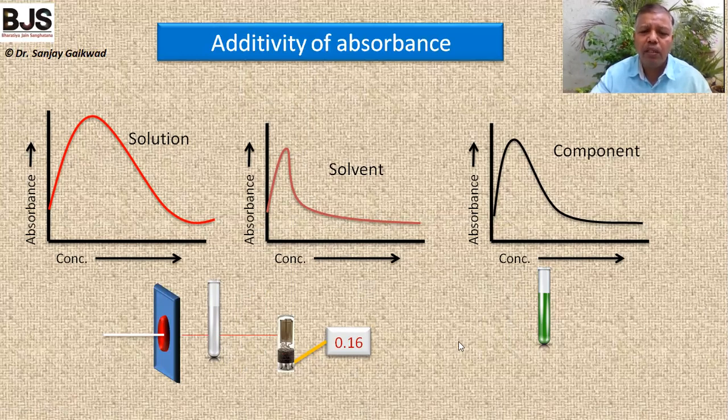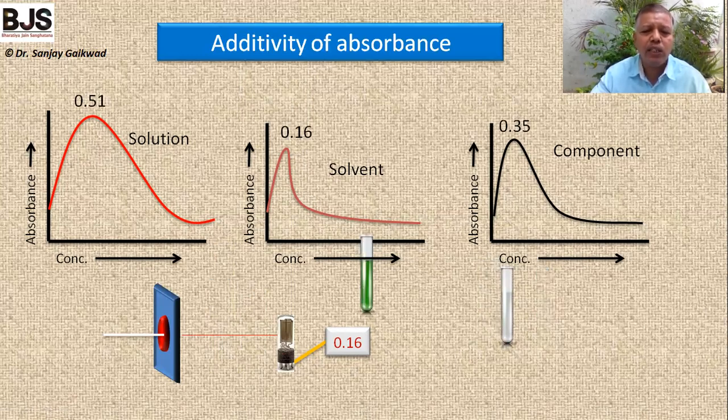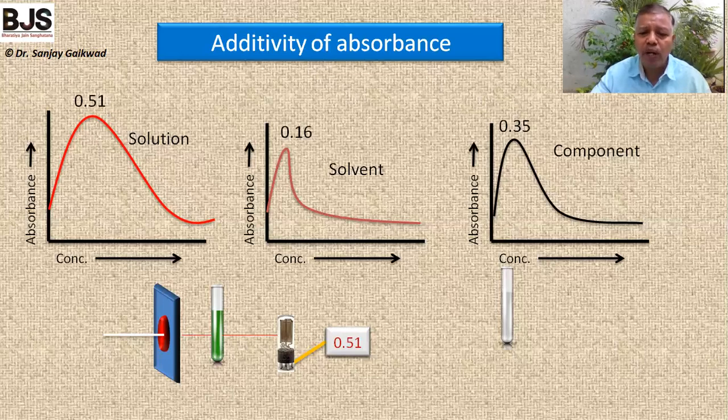And when we add the colored pigment and make the solution, and replace the first solvent by the solution of the colored component, the absorbance increases, and we observe 0.51. Now, out of this 0.51 absorbance, we plot the graph. It is 0.51 absorbance for the solution, but when we plot the graph for the solvent itself, it gives 0.16 absorbance.